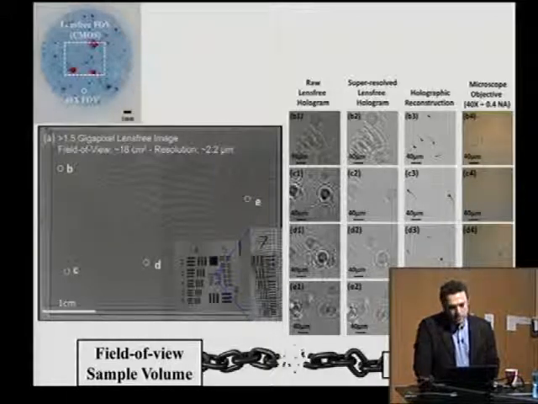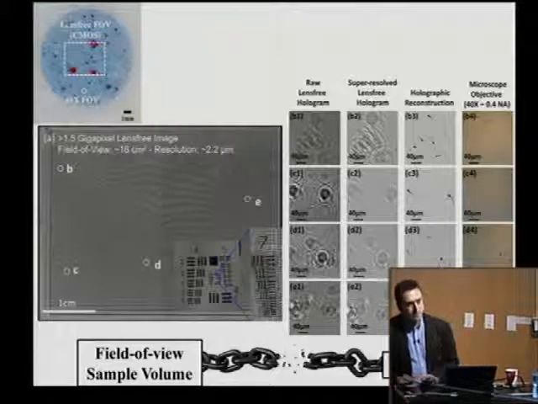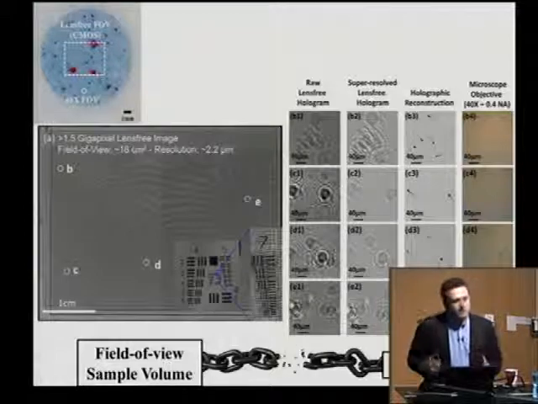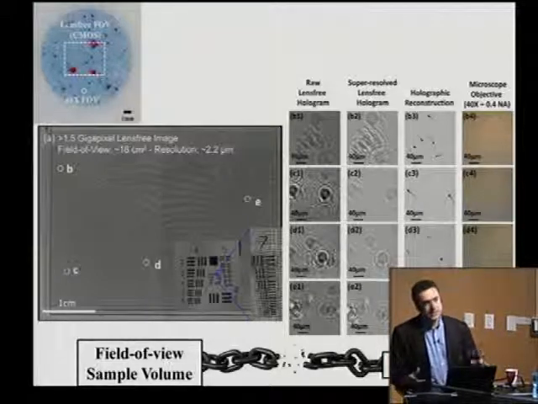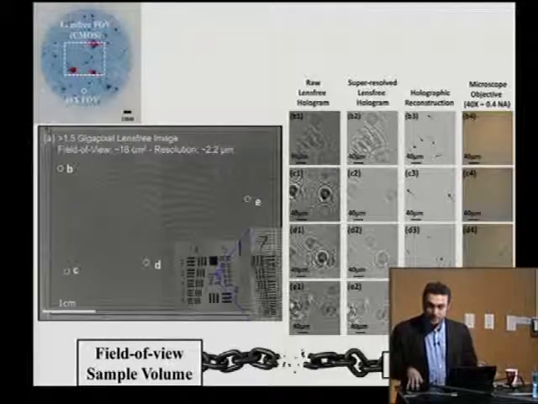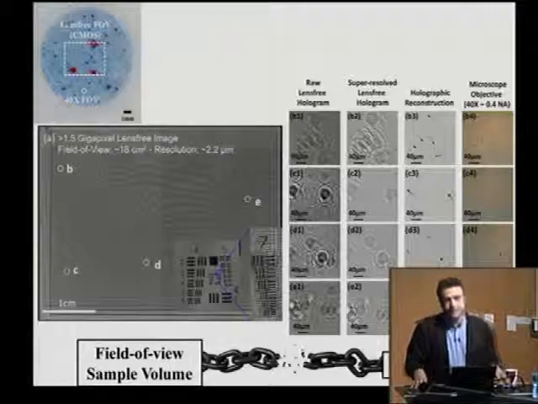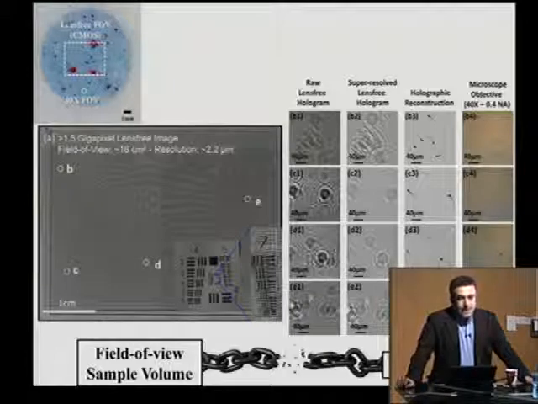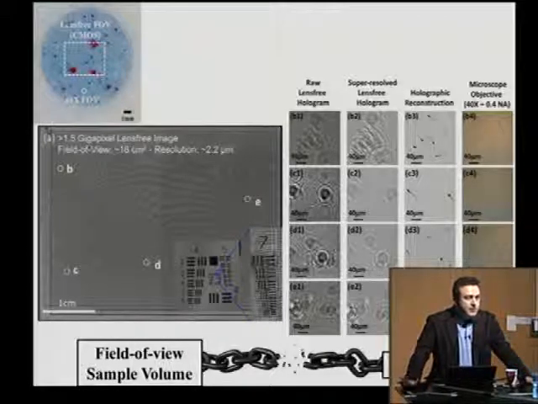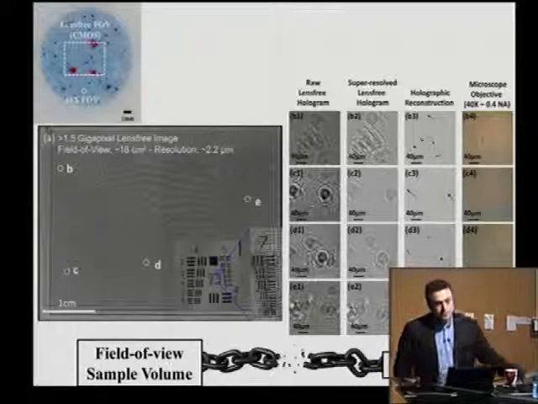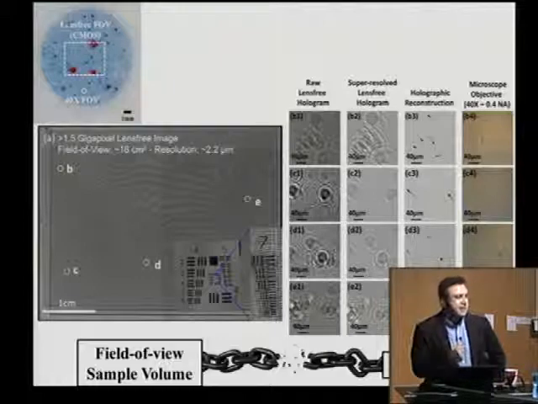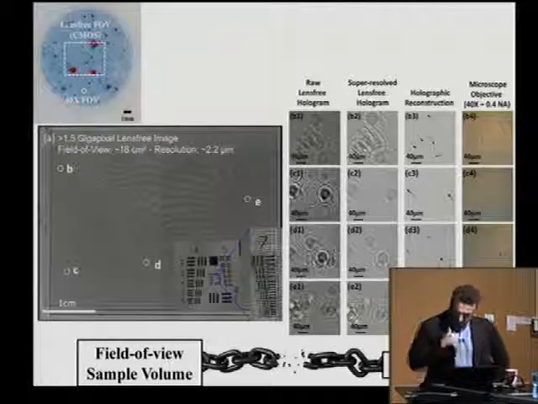This doesn't apply here because field of view and resolution are independent in this kind of a unit magnification on chip geometry. If you give me more megapixels and smaller pixel size, I can improve both resolution and field of view at the same time. It's quite important, and that's the reason why I've shown or started with that Moore's curve, because it's very important for us. That drive is helping us improve our technology without doing much. We're riding on that Moore's curve.